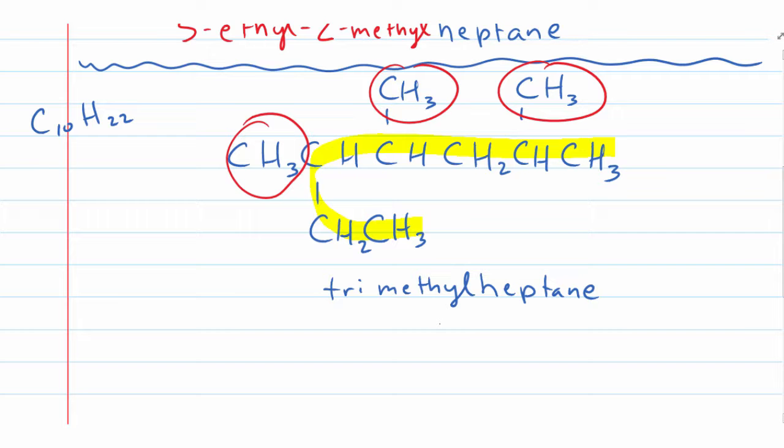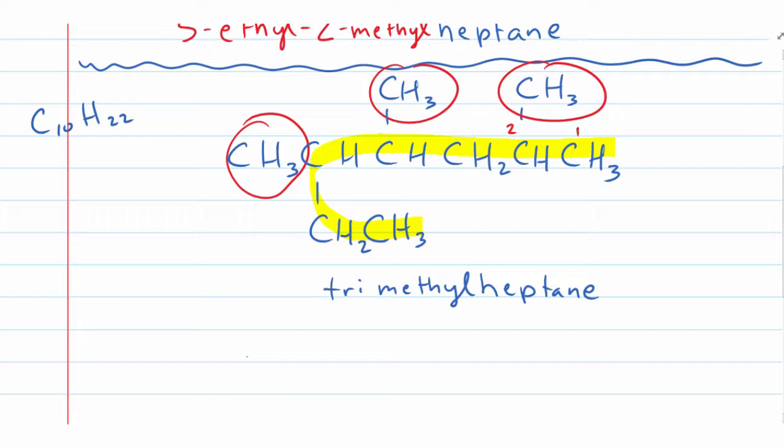Then we need to assign the positions. So we're going to count from the direction that gives us the lowest number. If we counted this direction, we come up with 1, 2, 3. Or if we count in the reverse direction, we come up with 1, 2.